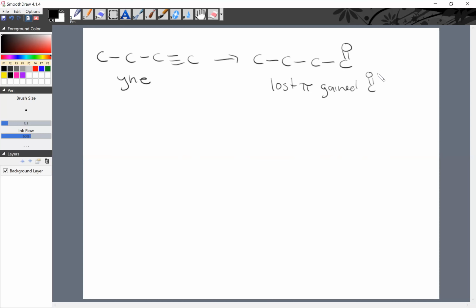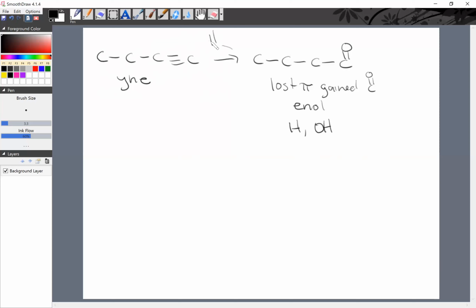That might not be prompting your memory yet, but when you break both of these, what is a carbonyl from an alkyne? Remember, it could be an enol. What did I add to this? I added hydrogens and alcohols. This was basically just adding an alcohol. How many ways can I do that?